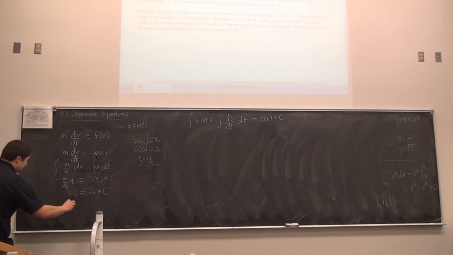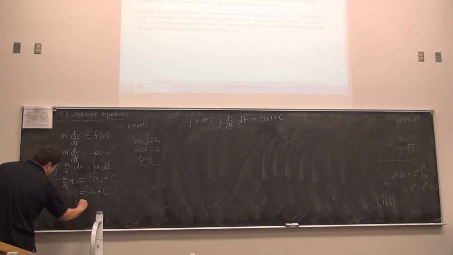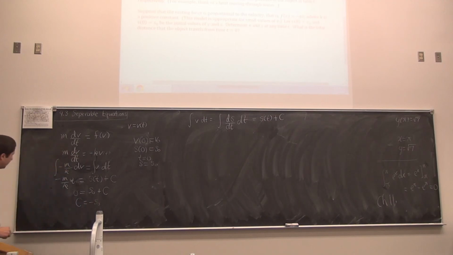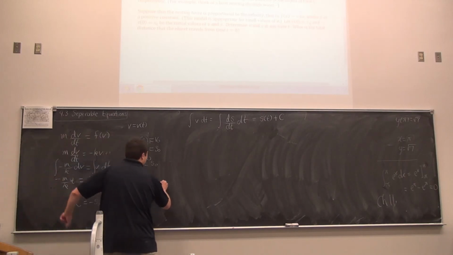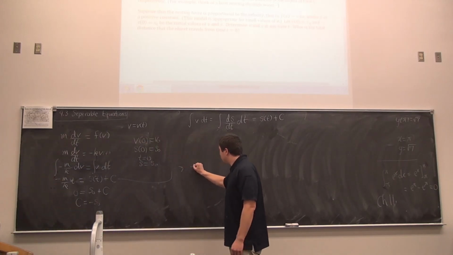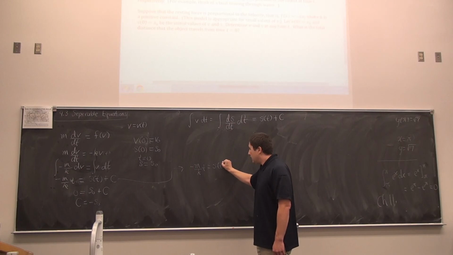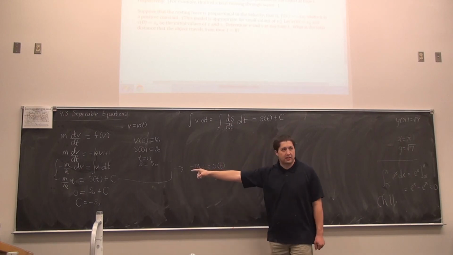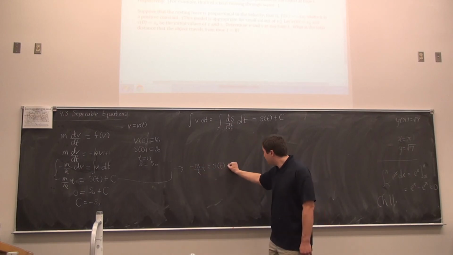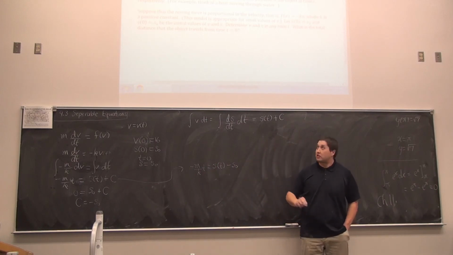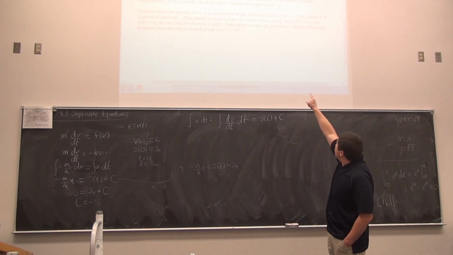Okay, so let's subtract our s naught, and we can say the constant of integration c is equal to negative s naught. So we can now take this entire equation here and convert it to negative m divided by k t is equal to s of t plus the constant of integration c, which is equal to a negative s naught.